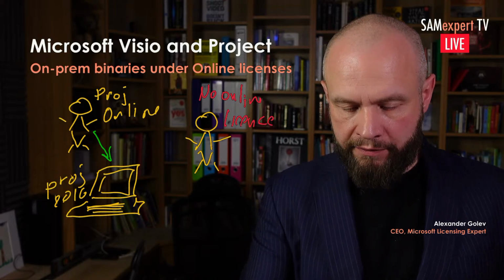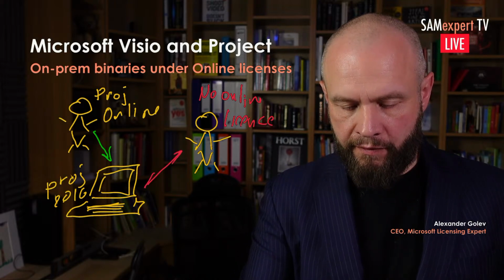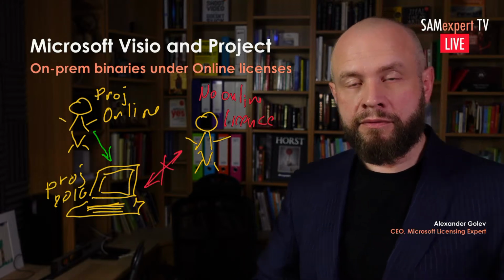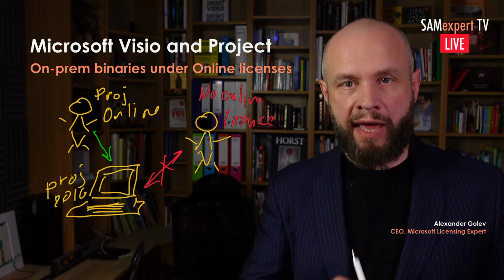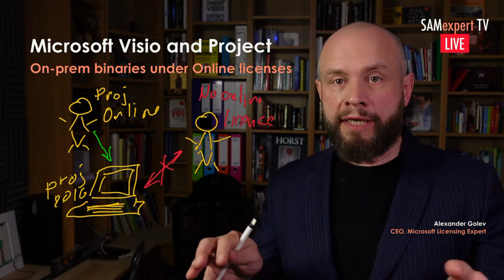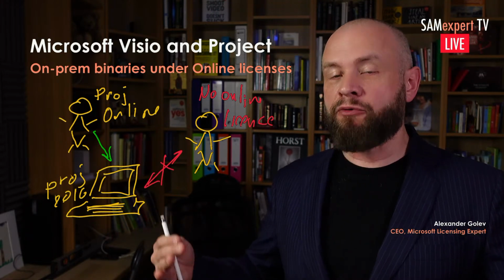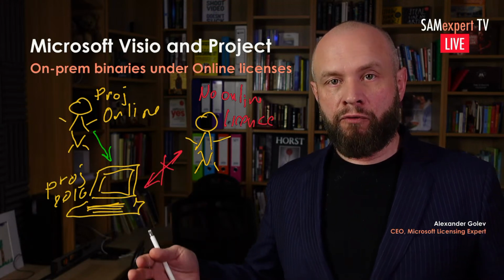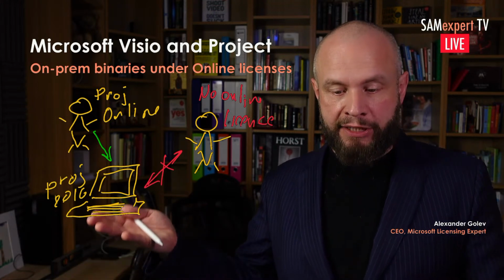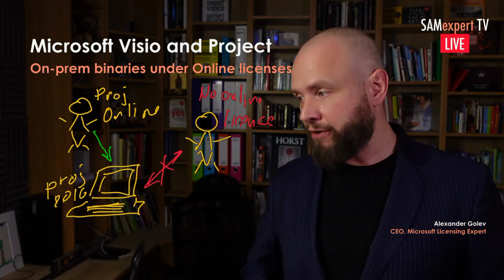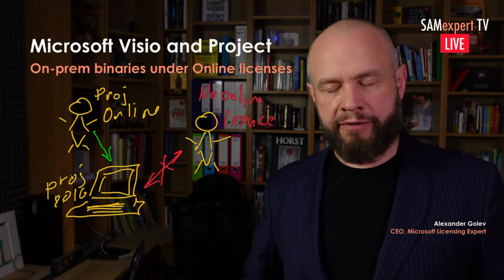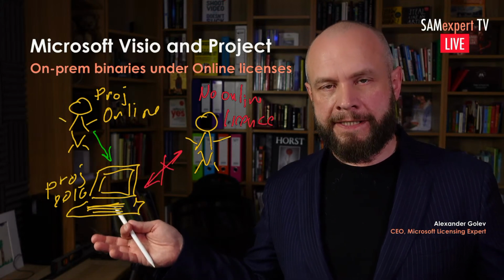So he may not even access my laptop. Because if he accesses my laptop, he logs into that laptop, he gets access to Project, and therefore he must be already pre-licensed. So for Paul, I have two options. I either need to assign him an online license, or I must actually license the device because, well, I can't control who accesses it.